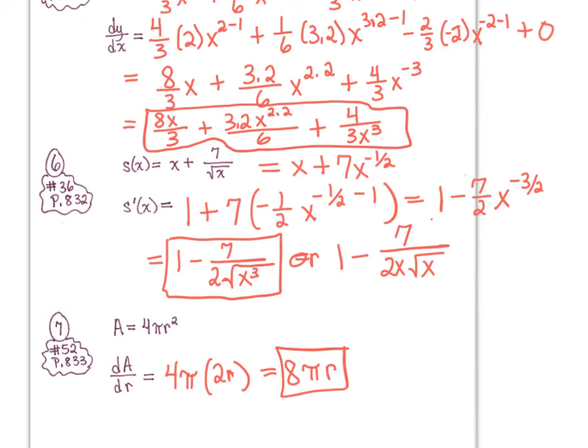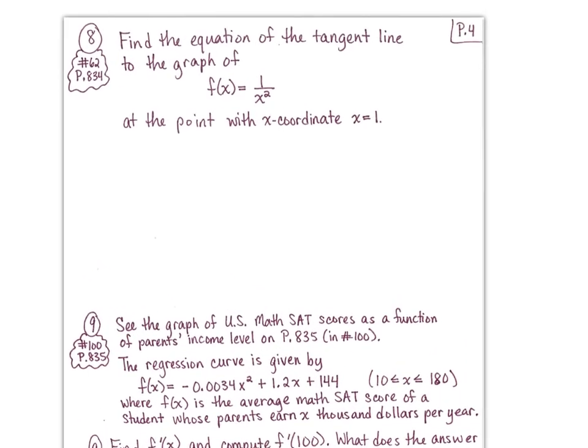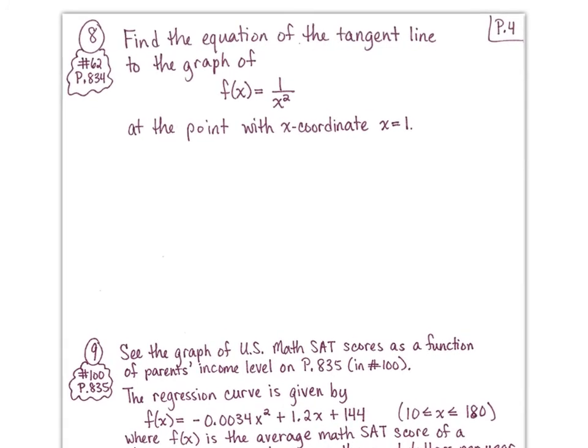Okay, good. So now remember the derivative is really just saying, okay, we find the slope, right? So now we can go back to the things that we've talked about before, like find an equation of a tangent line for a graph at a specific point. But now we're going to incorporate the derivative here. So example 8, we're going to find the equation of the tangent line to the graph of f of x equals 1 over x squared at the point with x coordinate x equals 1.